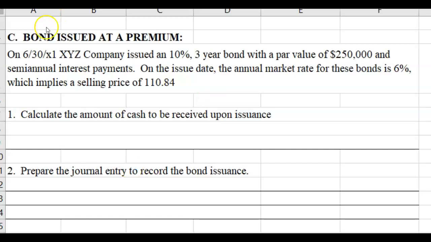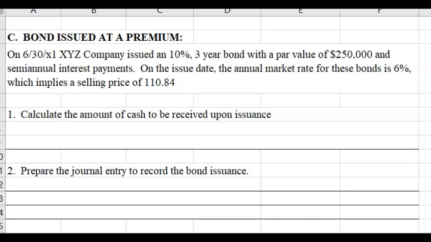At 6/30/X1, XYZ Company issued a 10% 3-year bond with a par value of $250,000 and semi-annual interest payments. On the issue date, the annual market rate for these bonds is only 6%, which implies a selling price of $110.84.